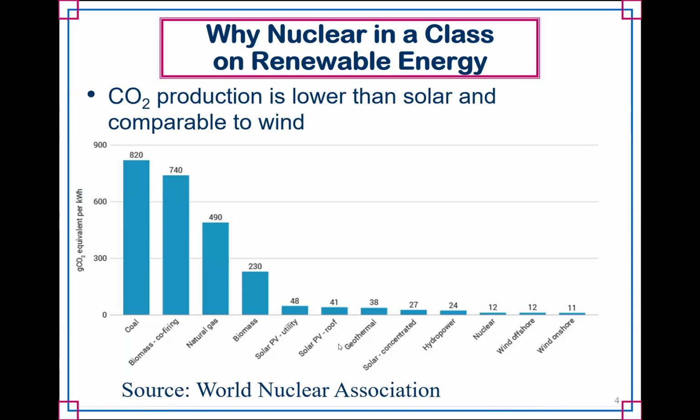The other thing that is really interesting is that solar tends to be much, much higher. And the reason why it's so much higher is because you need massive amounts of semiconductor material, and the production of that semiconductor material into a PV array takes a tremendous amount of energy. So the production of the PV cells or the photovoltaic arrays is actually where you need this massive amount of CO2.